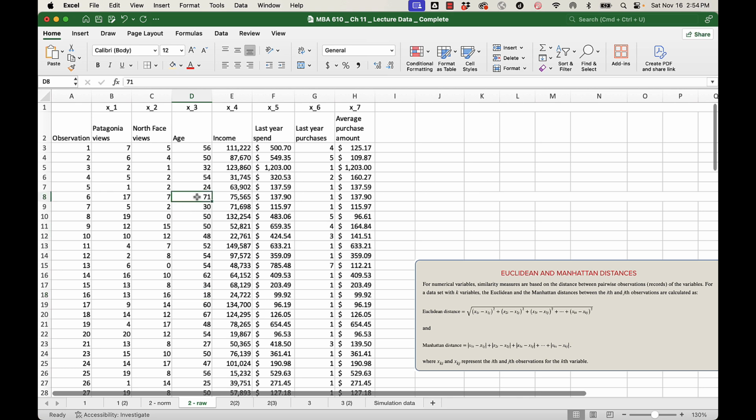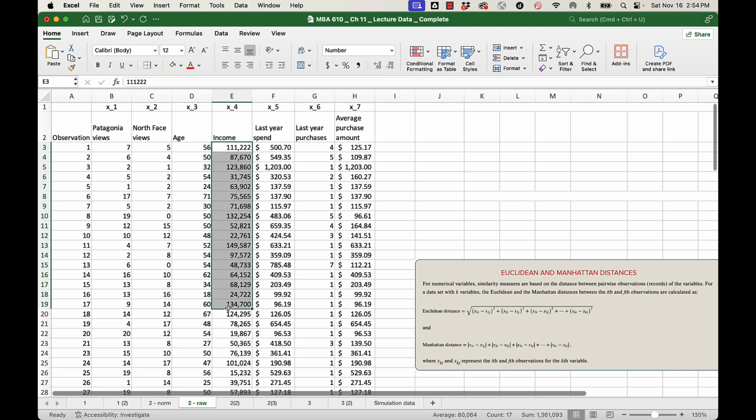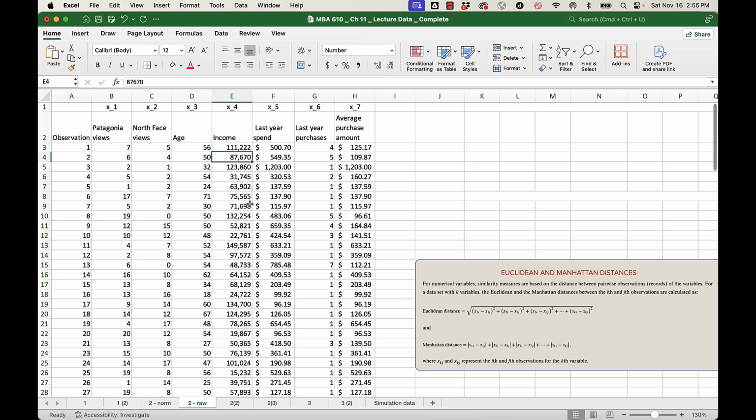But on a whole other scale is income. And if we take these numbers and use them to calculate this formula, the difference between individual 1 and individual 2 with regard to Patagonia views, with regard to North Face views, with regard to their age, with regard to their income.